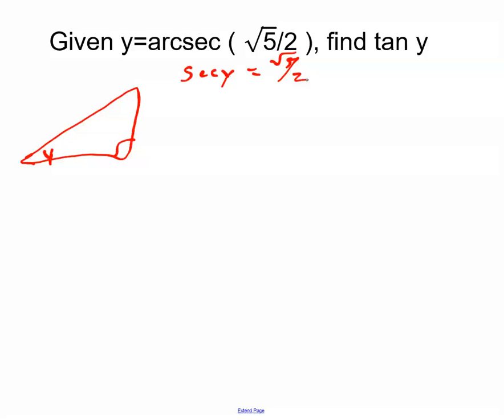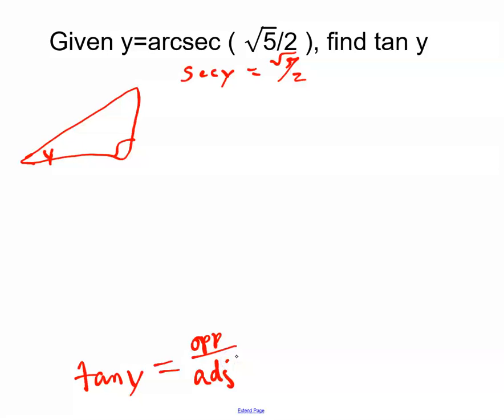What I'm going to be doing here is trying to find the tangent of this angle. So my overall goal is to find the tangent of y. And in order to find the tangent of y, think about how we find tangent. Tangent is the opposite divided by the adjacent.